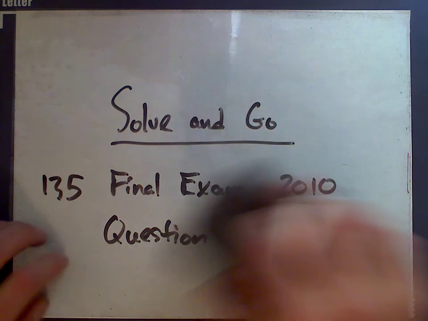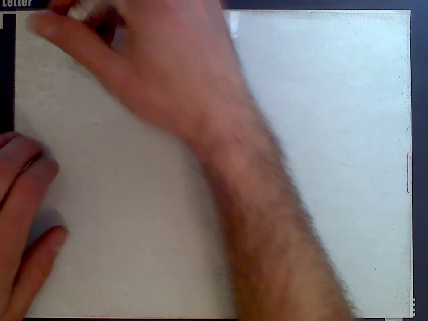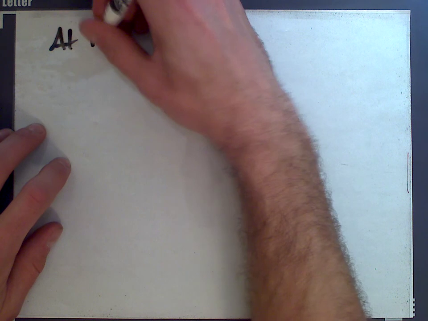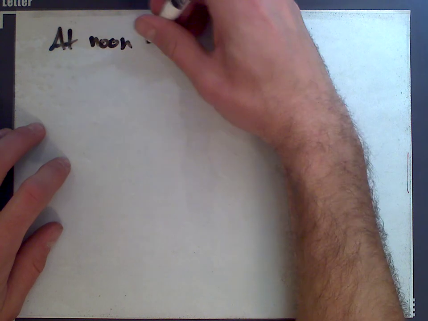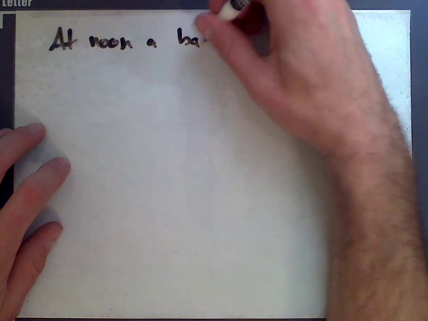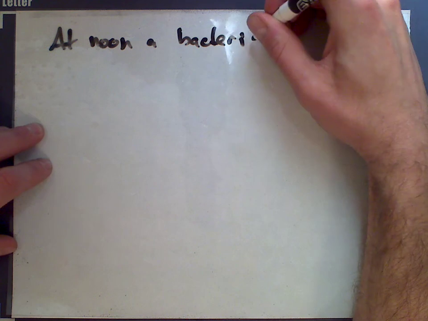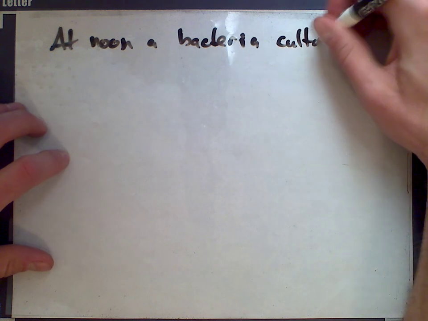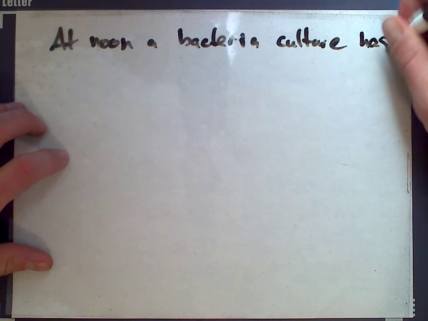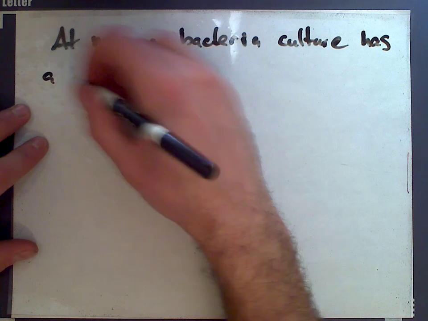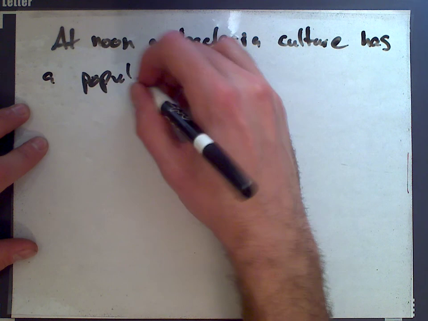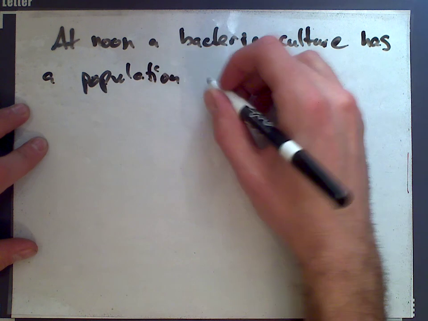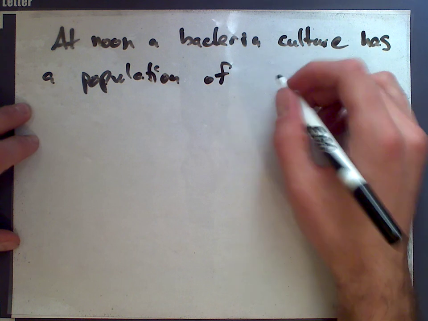This video is going to show you the solution to question number 11, which is a question about exponential growth. So here's the setup. At noon, a bacterial culture has a population of 2,000.